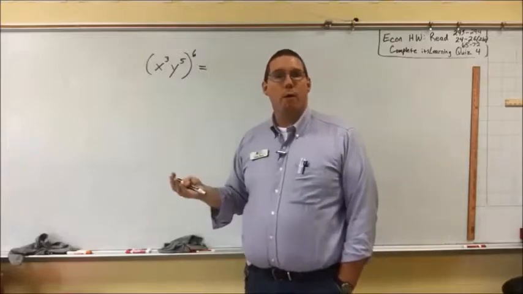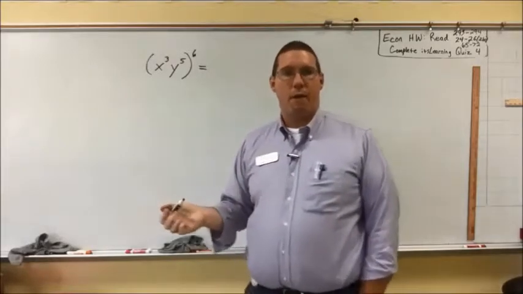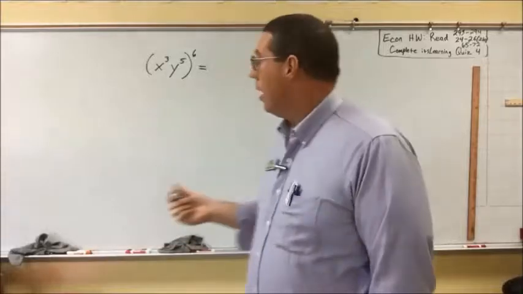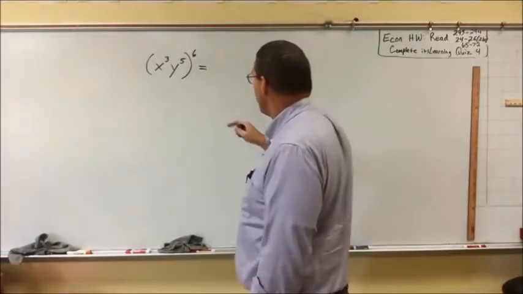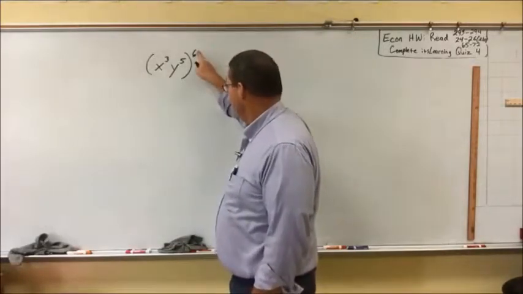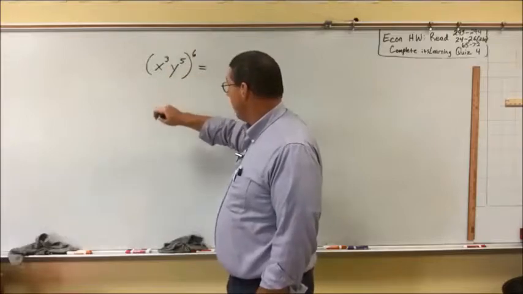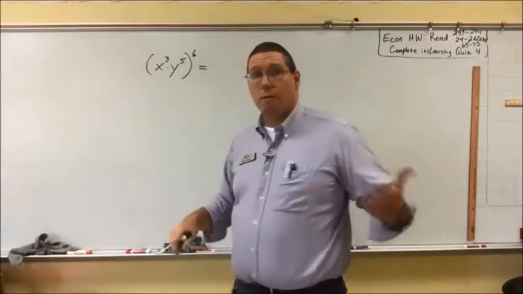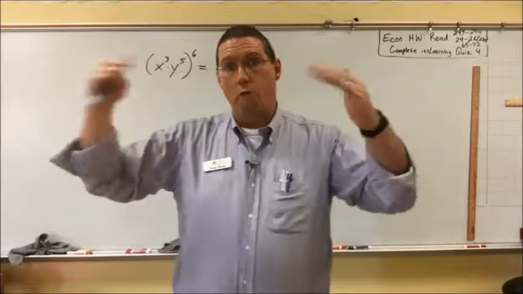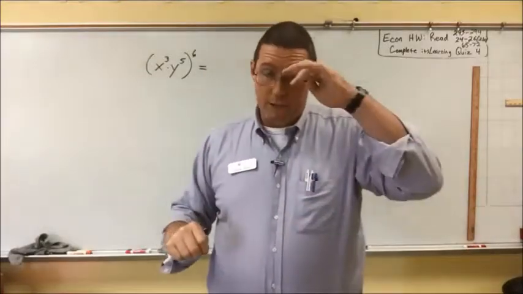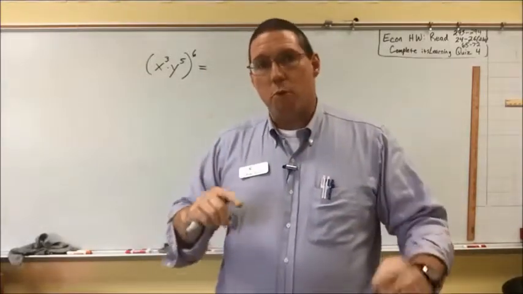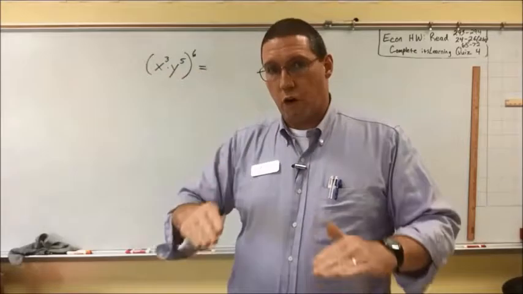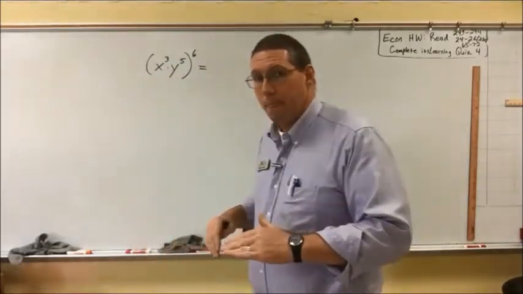And here's where what I call the house of math comes into play. The house of math basically says that exponents live right over multiplication and division. And because exponents live over top of multiplication and division, you can distribute exponents over multiplication and division.